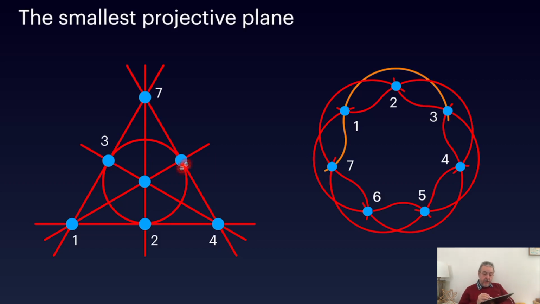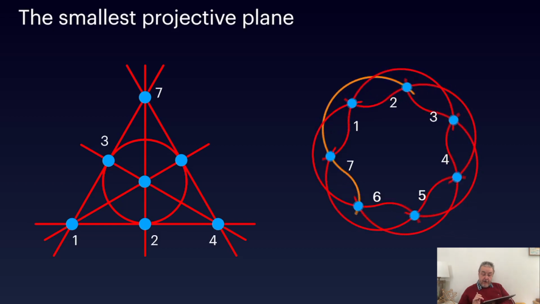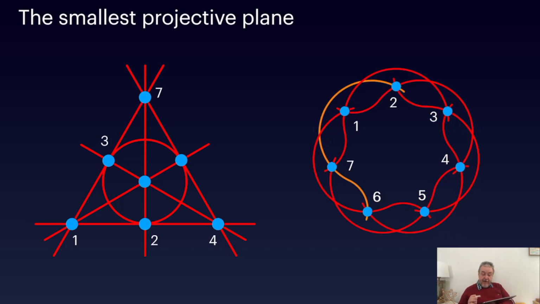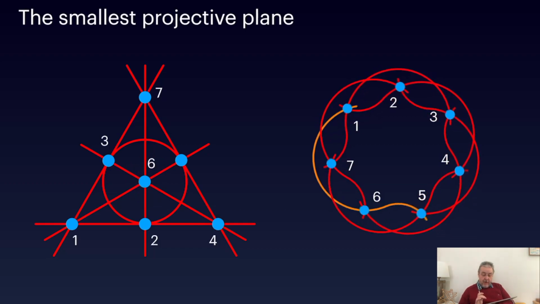You see there are only 2 unlabeled points left. So let's see what happens next. We have another line 7, 6, and 2. Here we have 7, here we have 2, so the only place where the 6 can be is this line here. Let's continue.